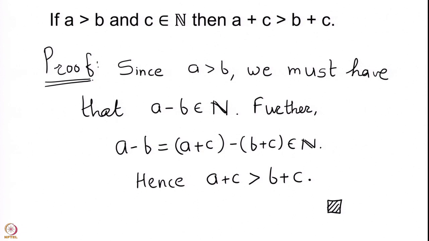Now, you may ask that we have not used C being a natural number here. That is true, we have actually used that C is an integer. Whatever we have done, the order relation is preserved by addition of all elements in Z. But there is a slight problem here, which is that A plus C, where A is a natural number and C is coming from the bigger set Z, need not again be a natural number, that is the only thing.